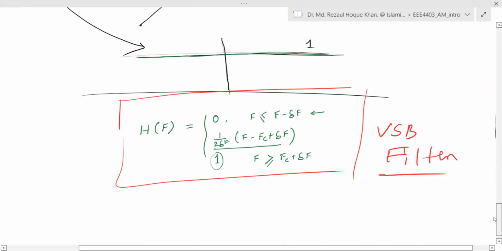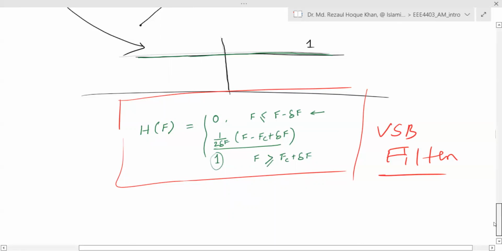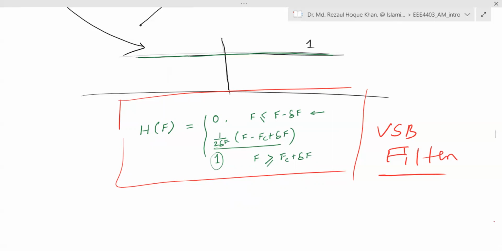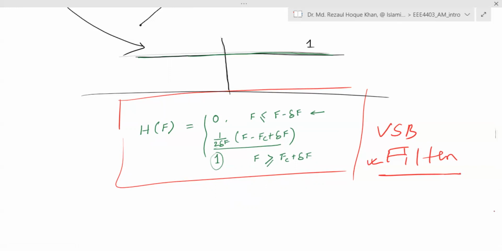By using a practical high pass filter or low pass filter instead of an ideal one, if it's ideal, we use it in SSB, but if it's not ideal, then a vestigial portion remains, and we call it vestigial modulation or demodulation. Then that ideal filter becomes a practical filter, and that practical filter is a VSB filter which should have these properties.